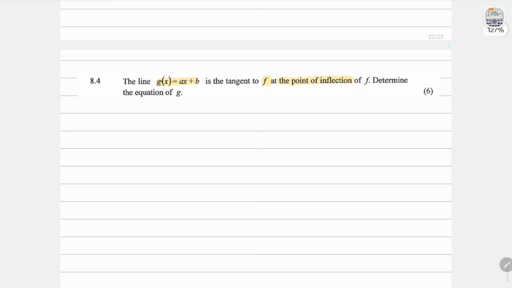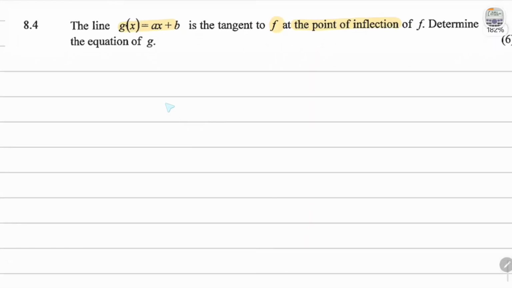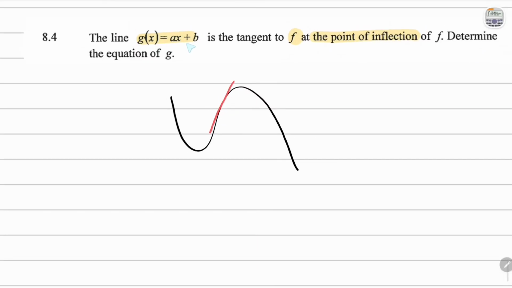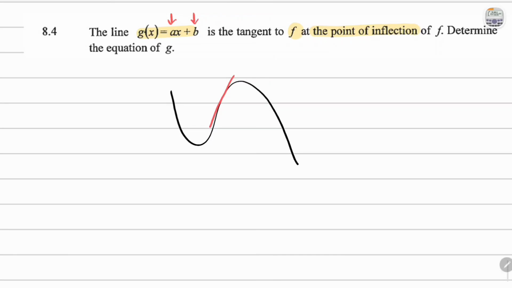That already helps us a lot, because it is this same cubic function of f, and the line we are referring to is a tangent at that point of inflection. Since this is a straight line, we just need to find the gradient, which is currently a, and the y-intercept. For that, all you need is to find the gradient first, and then 1 point you need to substitute in here to find that y-intercept, and then that will give you the full equation.